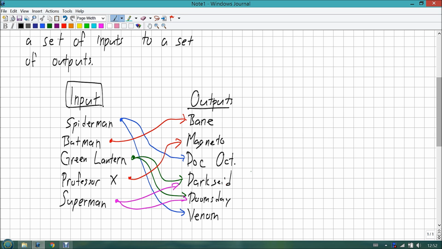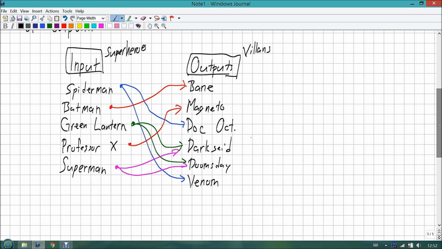Our inputs are, of course, superheroes. And our outputs are, of course, their villains, the people that they go up against all the time. So a relation basically pairs some group of things to another group of things.